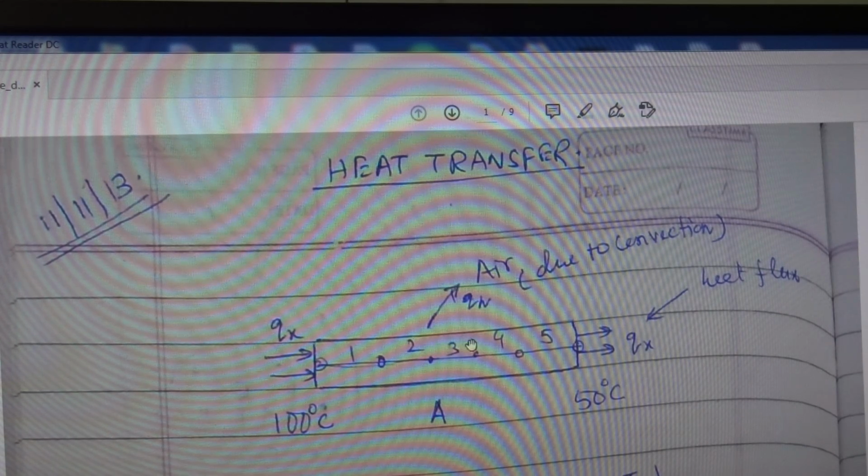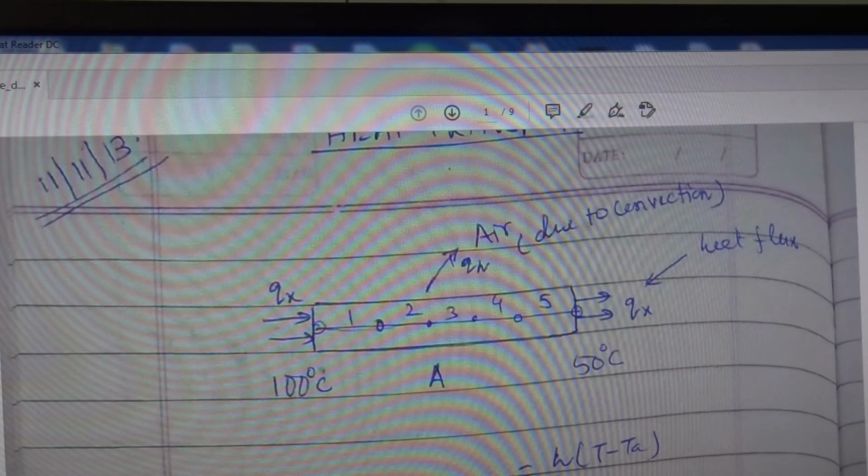But if there is heat generation and other phenomena occurring inside the bar, then this Qx is different at a small length, that is Qx plus, shown at the element level.